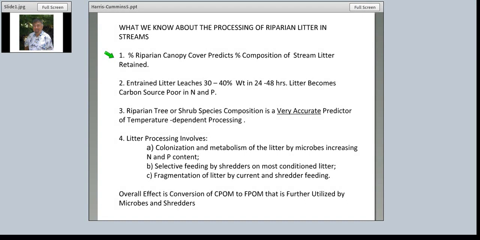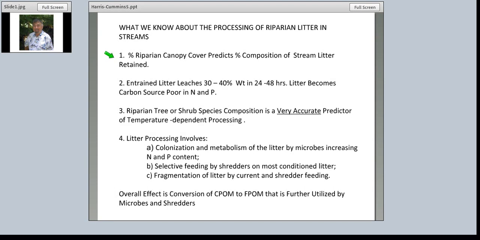There's fast litter and slow litter depending on the species of riparian tree. So if you want carbon to be cycled quickly, you would want to maintain the fast processing litter stream species like red alder. If you want the litter to be processed more slowly, then you would want to maintain the slow processing litter species like redwood, tan oak, and some of the others.